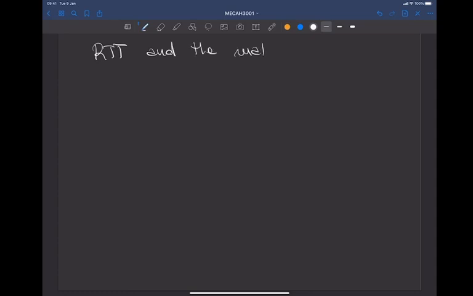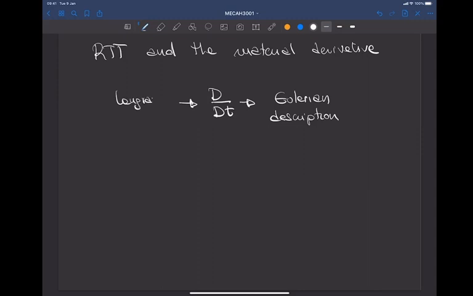And in fact, you are completely right, because we could argue that the material derivative that we have indicated as d over dt is a link between, as we said, a Eulerian description and a Lagrangian description, while the RTT, as we said, is a link between a system analysis and the control volume analysis.